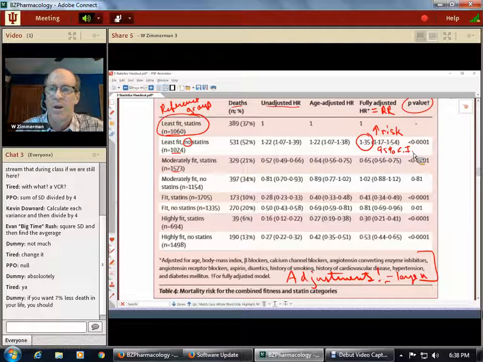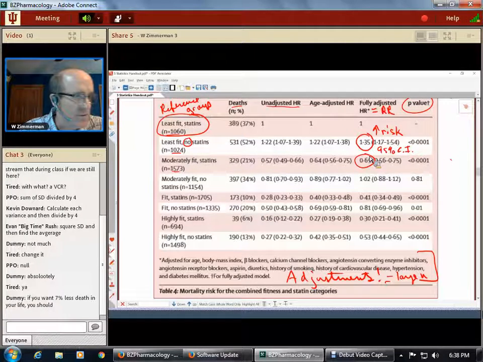All right, going on ahead here, we look at somebody who's moderately fit and they're on a statin. So about a 35% drop compared to the least fit with no statins. Notice the next group down here, 1.02.